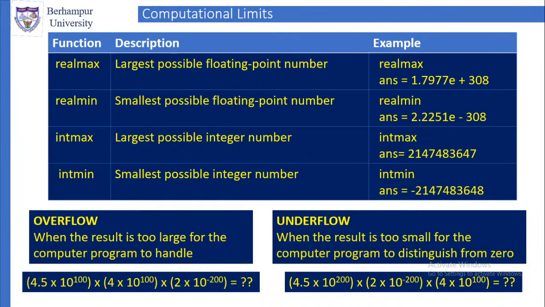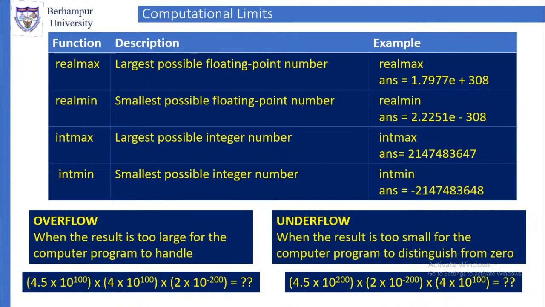So the largest number the machine can handle and the largest number MATLAB can handle, among these two, whichever is the largest, that is this number, realmax. realmin is similarly the smallest number the machine can handle and the MATLAB version that you are using can handle. Between them, the smallest is realmin.